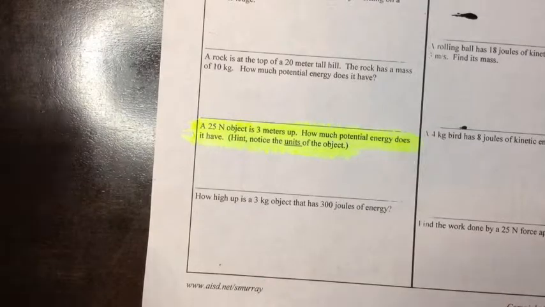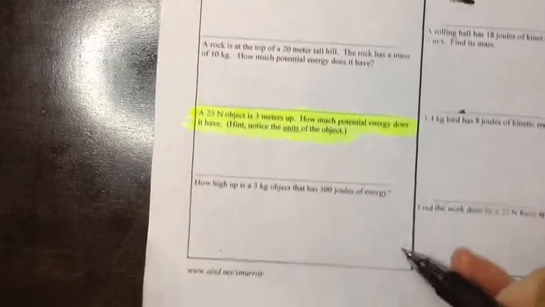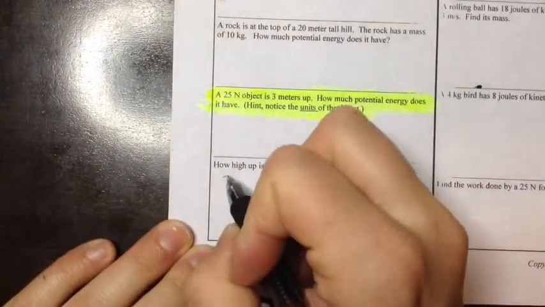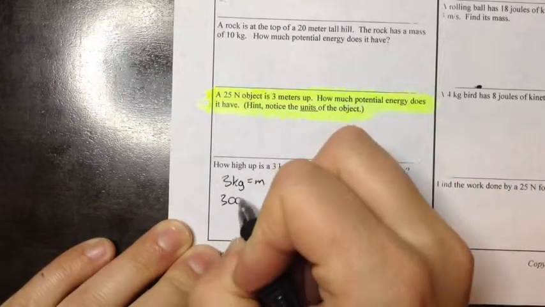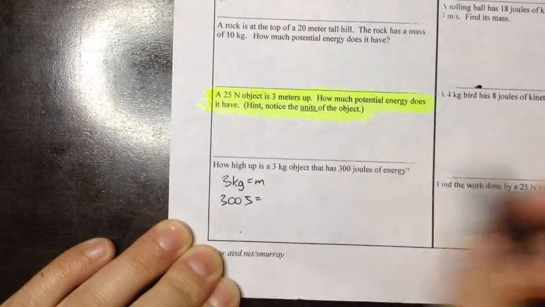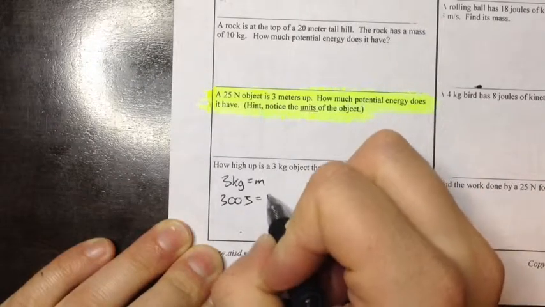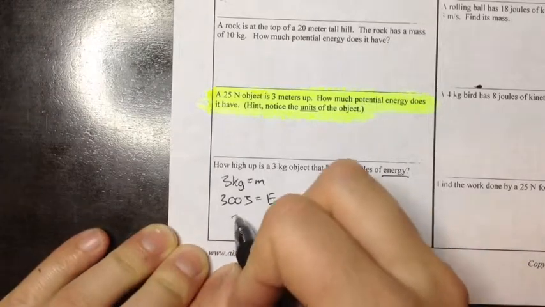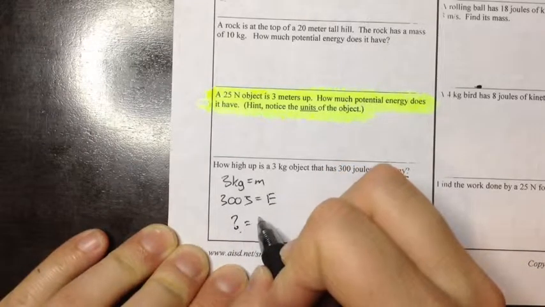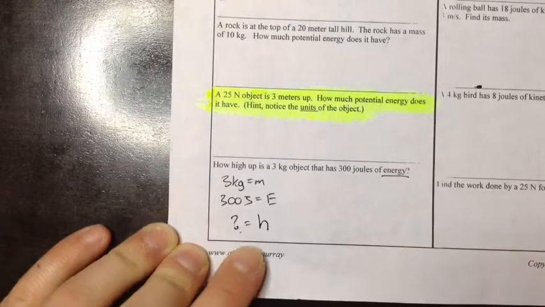And then the next question, it tells us 3 kilograms is mass, 300 joules. We know that's energy, but here's the catch. It doesn't tell you which type of energy. It just says energy. But then it asks the question, how high up is it?